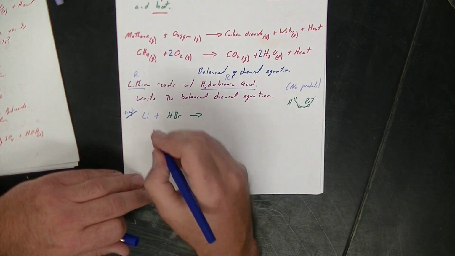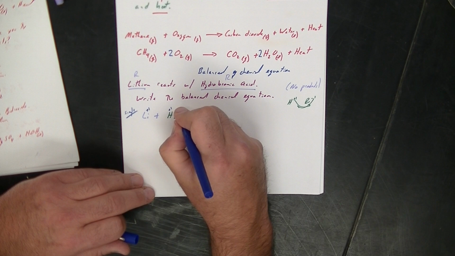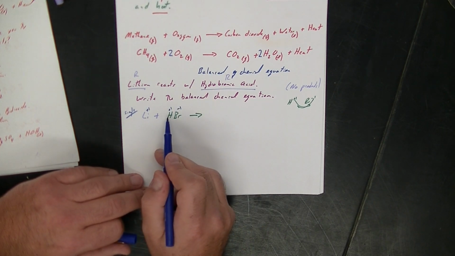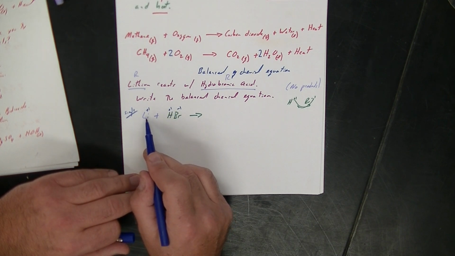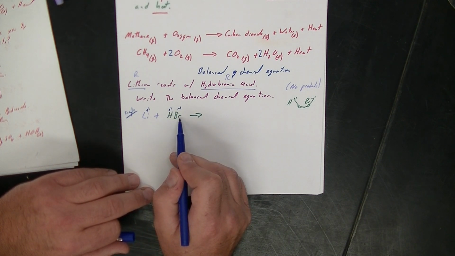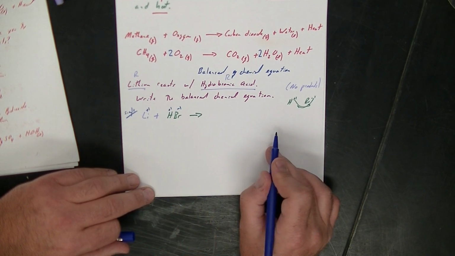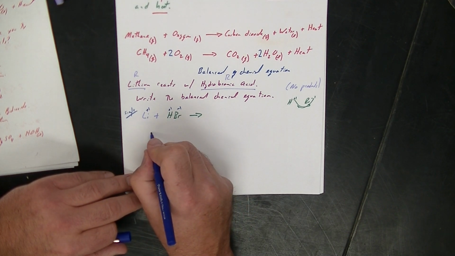Well, we know lithium is +1. It's a group 1. Hydrogen is +1, and bromine is -1. So will lithium go with hydrogen? Not normally. It can because it's an exception, but not normally. So the lithium is going to crisscross with bromine. So I can predict what my products are. I crisscross lithium and bromine.